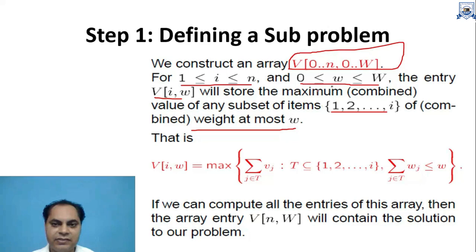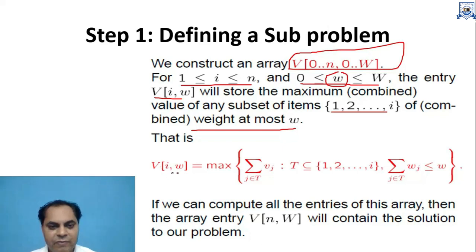That means for a particular i, first of all we have to make an order of items: item number 1, item number 2, item 3, and so on. If we are considering the ith item, that means you can consider i items among all the available items, numbered from 1 to i, and w denotes the current weight being considered.